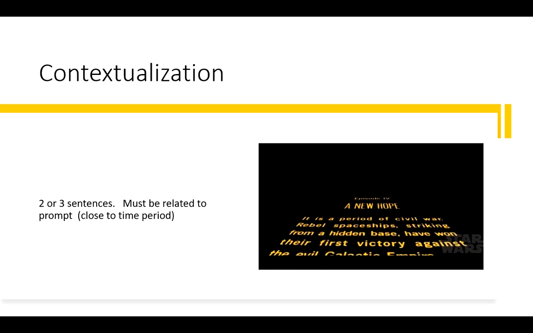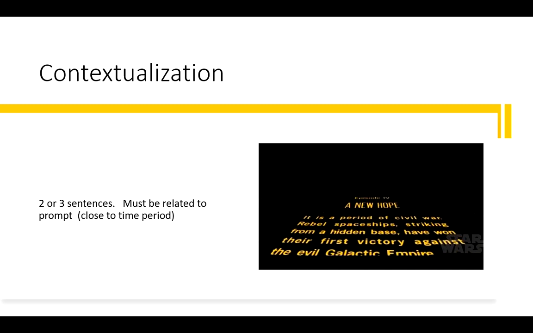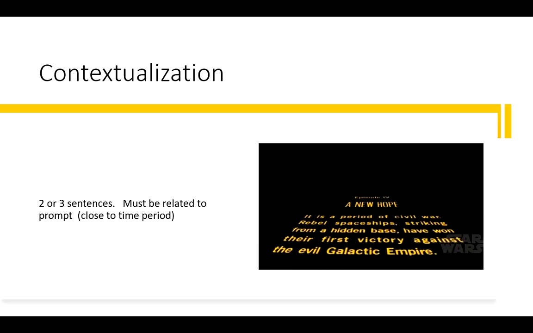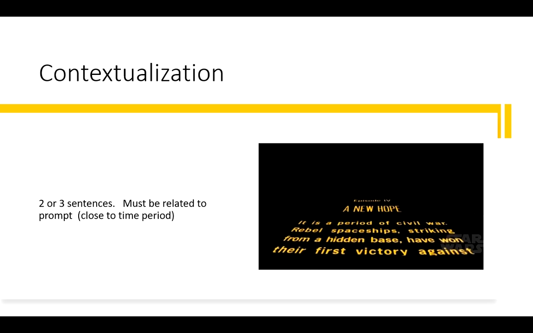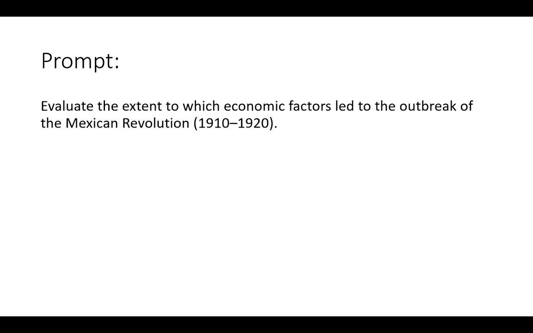It takes about maybe 2 or 3 sentences. And another thing, if the topic is economic, then your contextualization needs to be about economics. So here we go. Let's look at it again. We're going to keep looking at this.